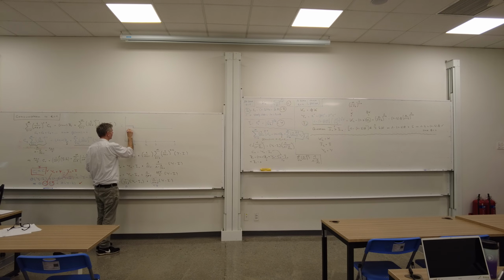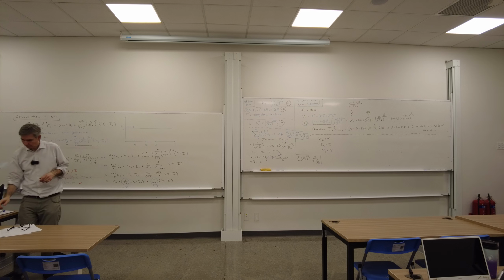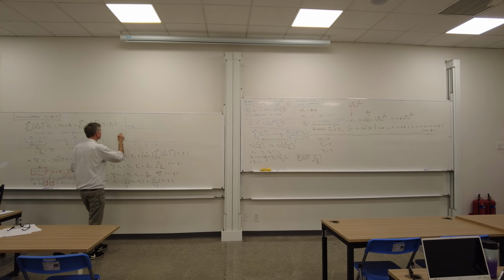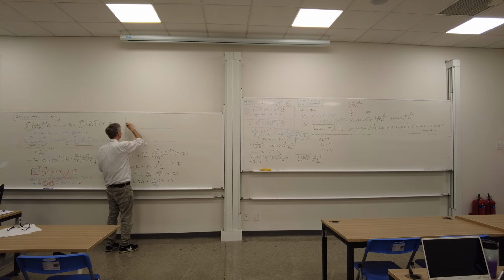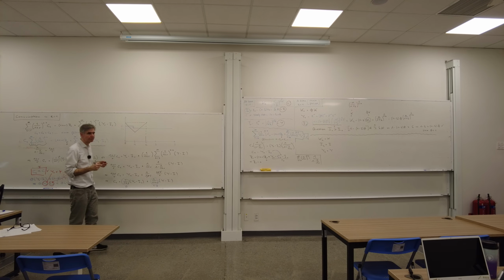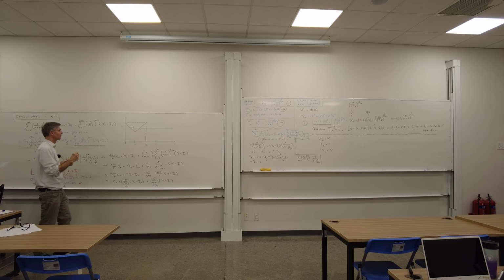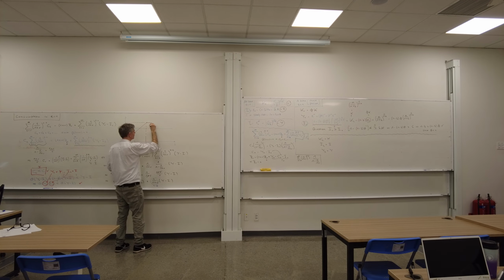This is C1. Now output, this is 0. Output drops and then recovers in period 2 because of the investment, right? This is output and then stays there forever.